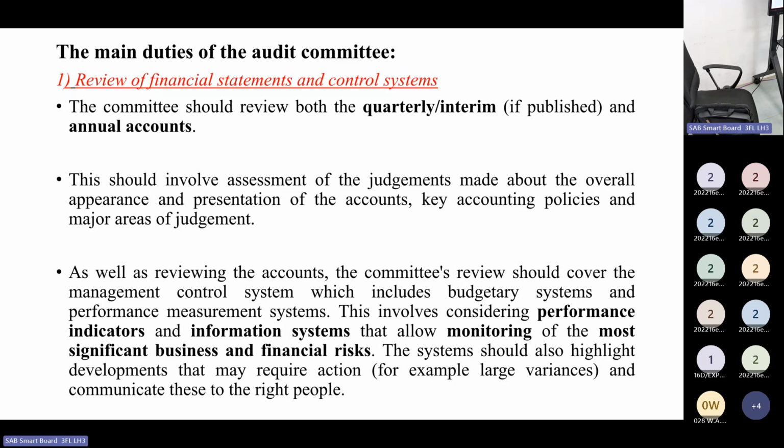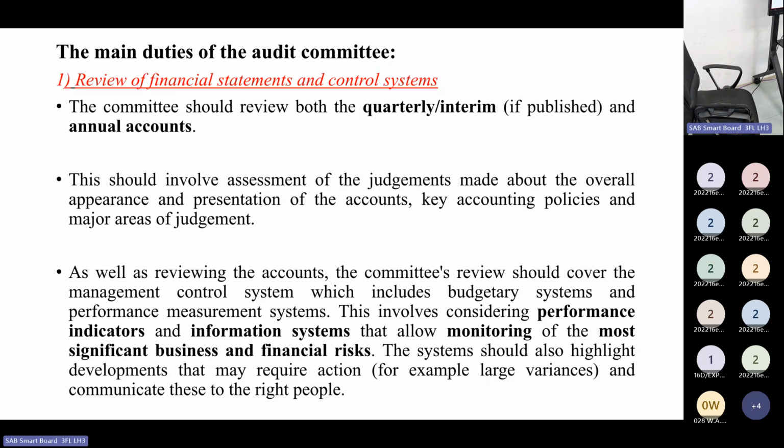Right? The main topic, review of financial statements and control systems, has 2 things. First one, they have to make assessments and judgments about the overall appearance and presentation of the financial accounts, how the accounting policies and treatments are being done, and look at the major areas of judgment.